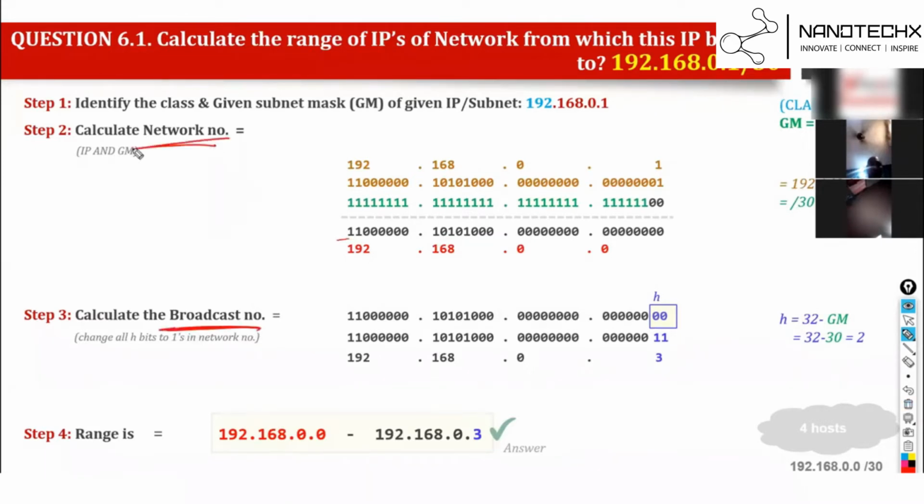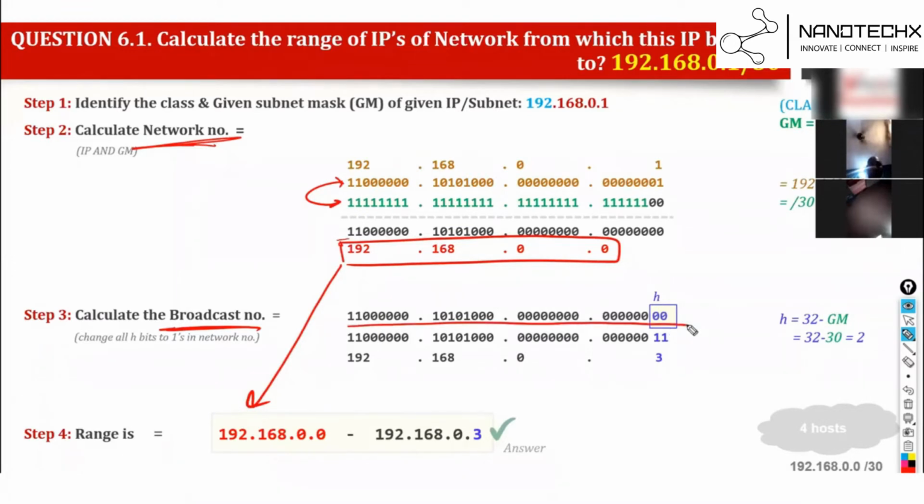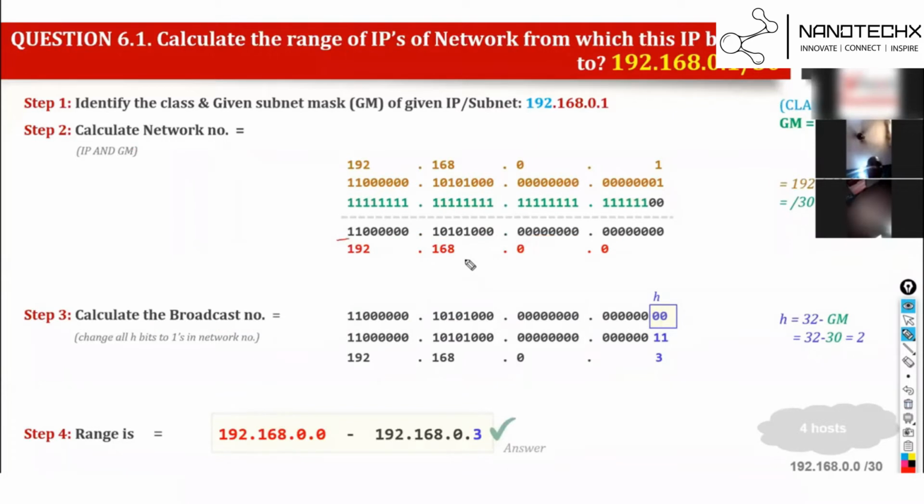We calculate the network number by doing the AND of IP and subnet mask, and we got our first IP, which is called the network number. Now what we will do, we will write our network number, which we just got, here again. This one is actually 192.168.0.0, whatever we found just now.